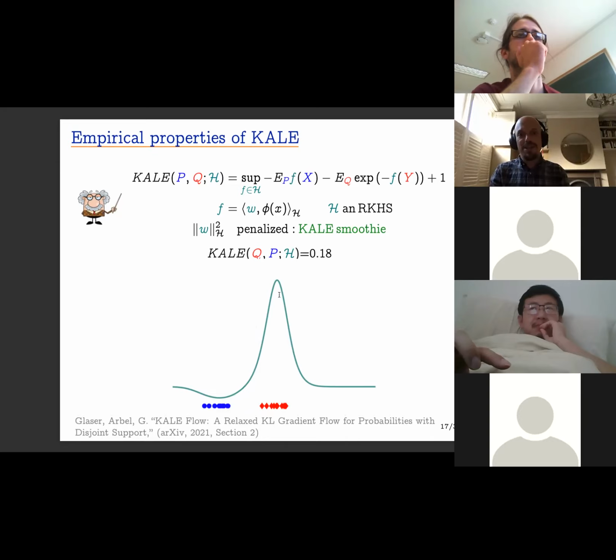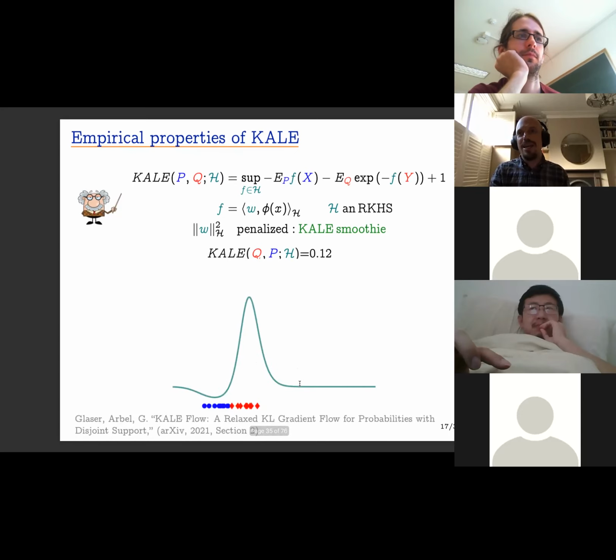This smooth function nonetheless detects the difference in P and Q, and importantly ensures that the KL lower bound is informative, whereas the upper bound here is vacuous; it's infinity for both of these sets of points. The lower bound is informative because it's telling me that red is approaching blue. So you might argue, why would you use a lower bound on a quantity you're trying to minimize?